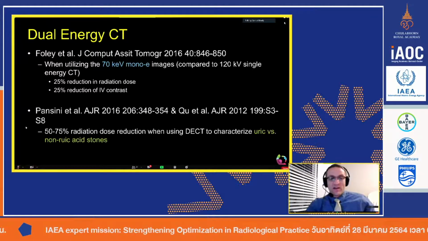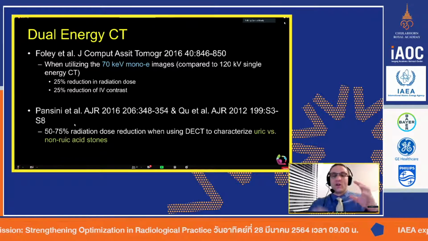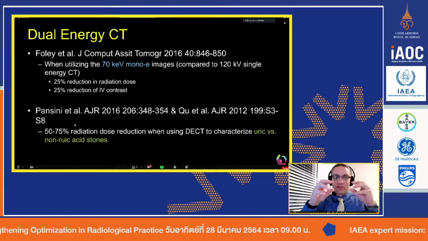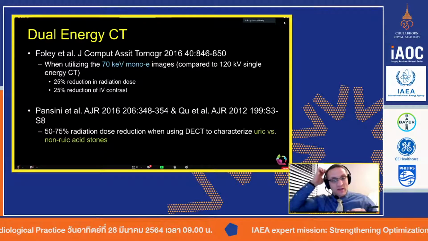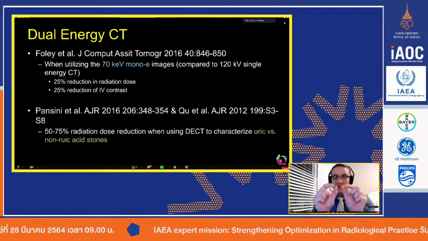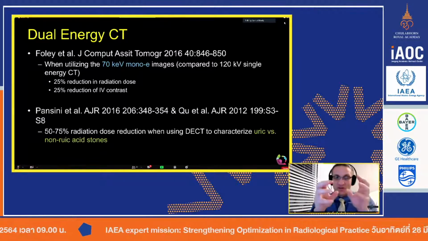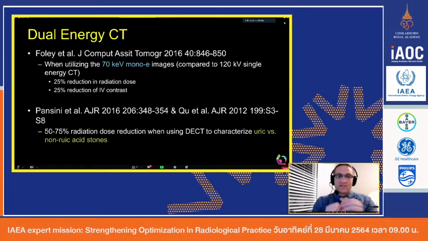And then finally, in another paper where they looked at what kind of dose reduction can you get when you're thinking about a clinical task, in this case, uric versus non-uric acid stones. In this case, dual energy CT, because those two objects pop out. The stone, obviously you see the stone in a single energy. Everyone can see stones because they're just little white dots in there.